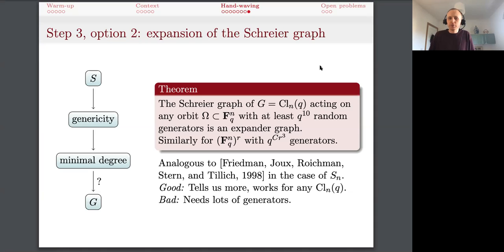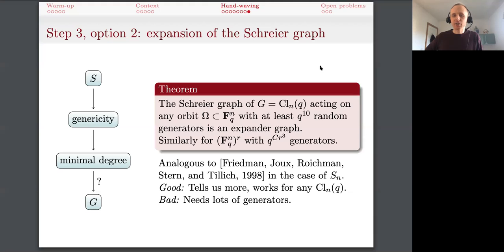This is what we prove, but unfortunately we don't know how to prove that for just 2 generators or just 3 generators. But we proved that it's true as long as you have at least q to the 10 generators, say, for the natural module, or a bit more for small powers of the natural module.